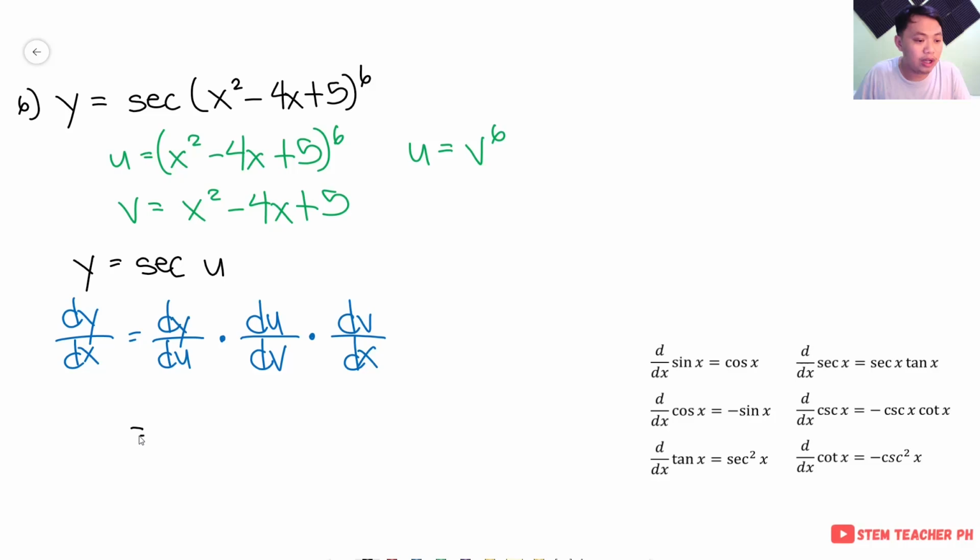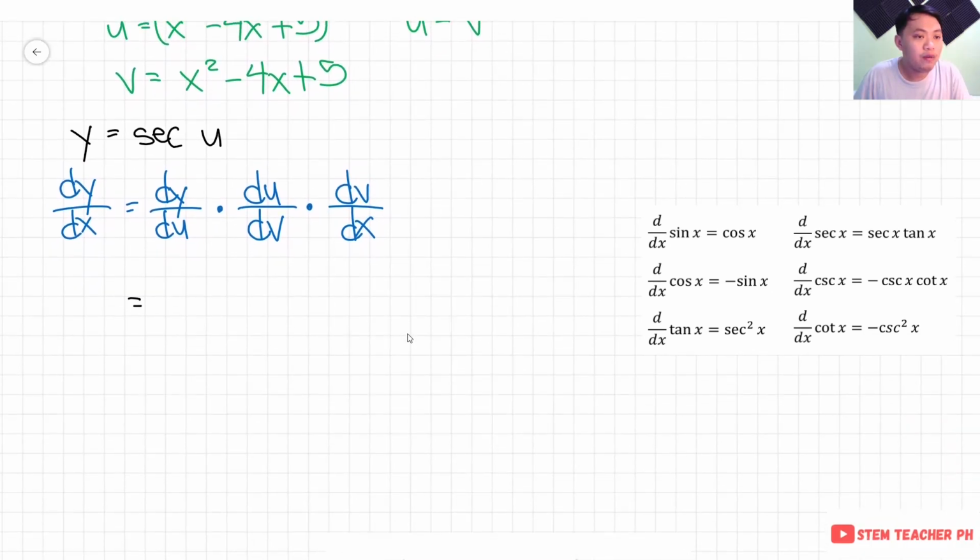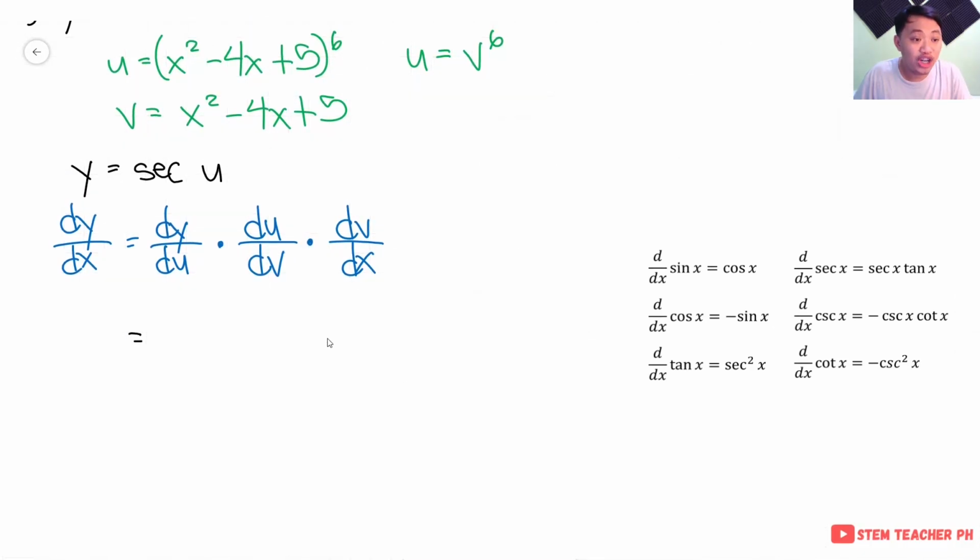This is just equal to, baba tayo, we have dy over dx or dy over du first. Kuhanin yung derivative with respect to u nung y, that is secant of u. So we have derivative with respect to u of secant of u multiplied to the derivative with respect to v of u, that is equal to v raised to 6.